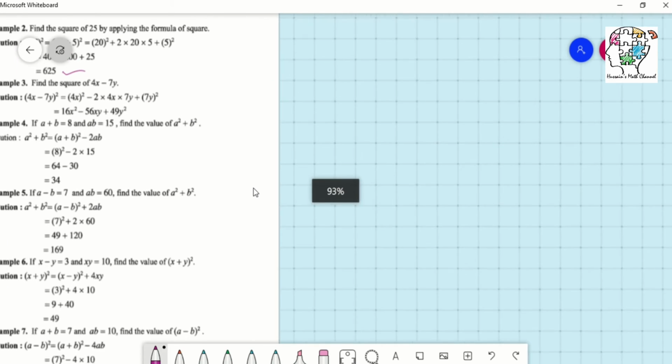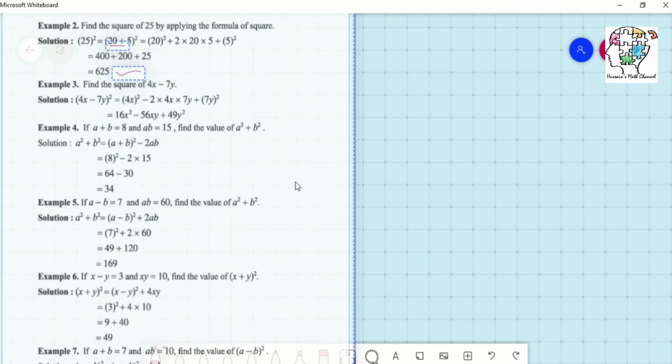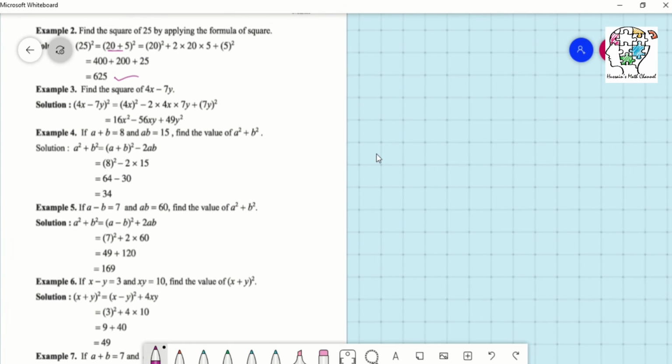Next, example number 3. Find the square of 4x minus 7y. So what can we write? 4x minus 7y, and the whole bracket is squared.